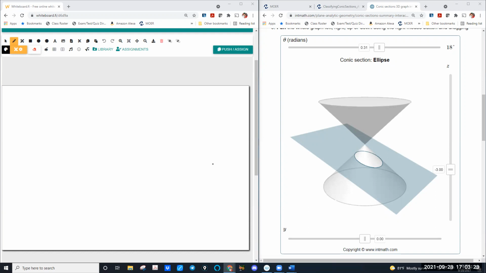I don't want you to stress about that. You're not going to need to have those definitions memorized for the proctored exam. Yes, there'll be a quiz over conics, but the quiz will be open note, so you can have all that stuff ready. You won't have to worry about it for the exam.